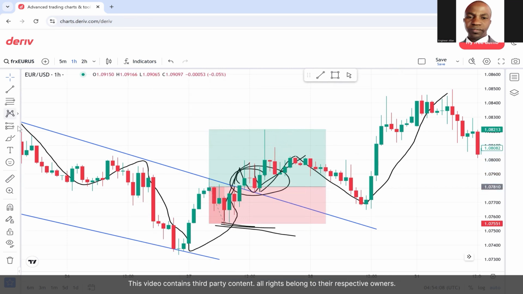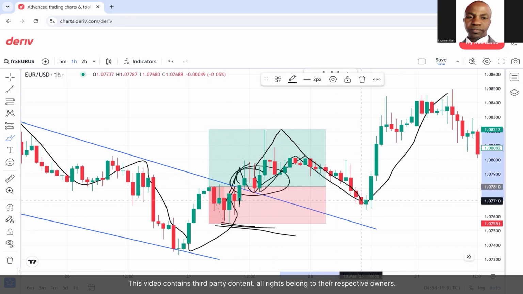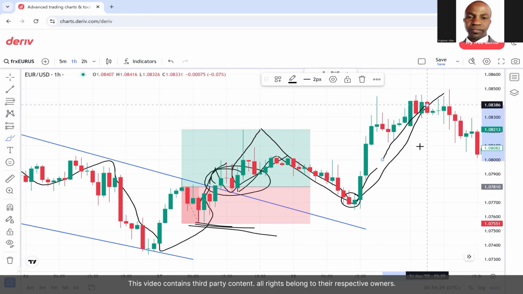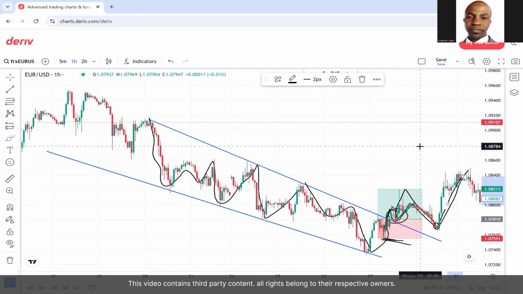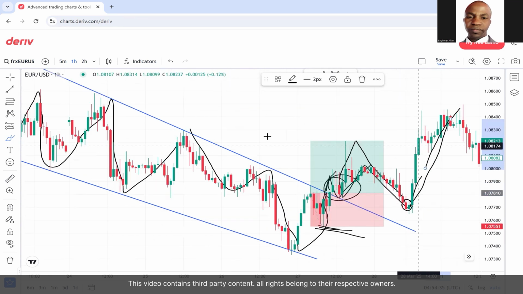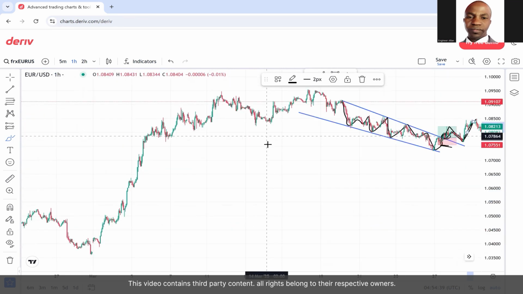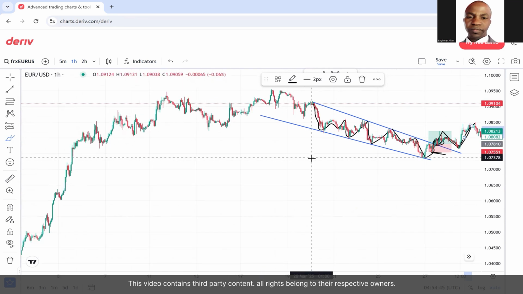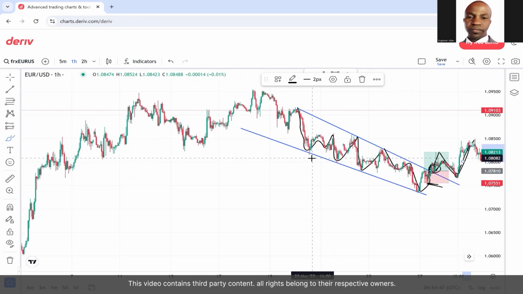The first one happens. Then, for the second entry, you can see it comes back to this particular zone. This is a different strategy we'll learn later. And then the price goes up. Because generally the market is bullish, the market structure is bullish, because it's creating higher highs.